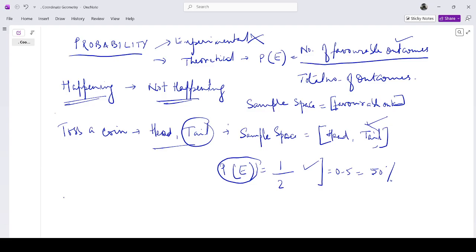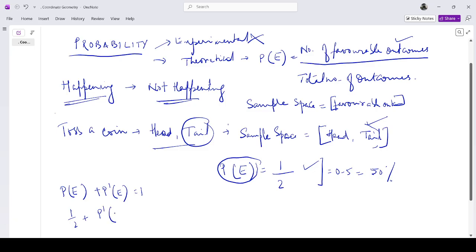Now we move on to the probability theorem, P(E) plus P(not E) is equal to 1. So P(E) is 1 upon 2, and P(not E) we have to calculate. P(not E) is equal to 1 minus 1 upon 2, which is 1 upon 2.